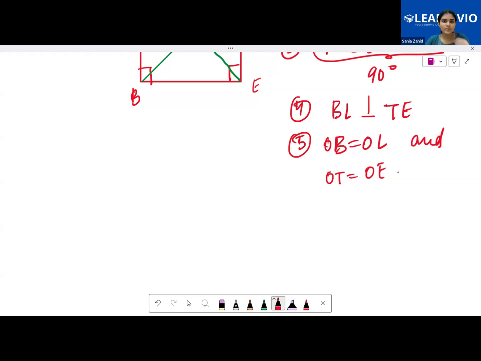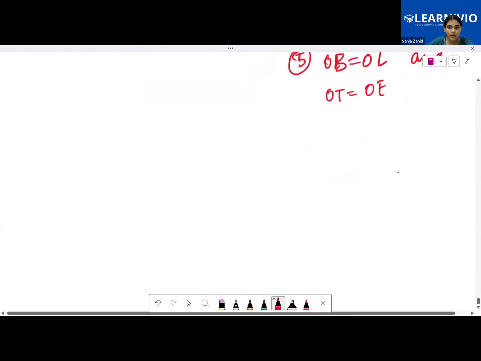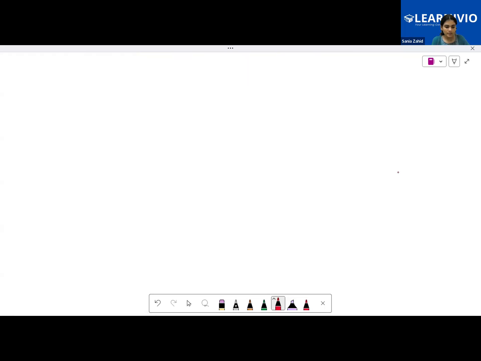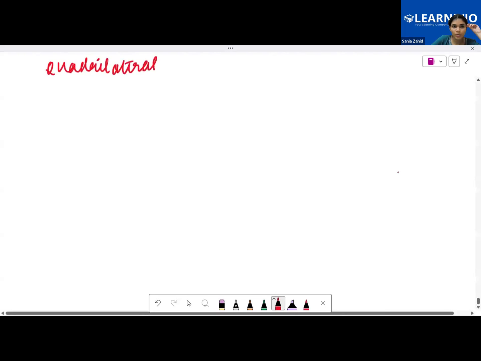Okay, let's do one thing. Before coming to questions, for this section, you have very basic questions, right? So I'll just draw a table for you in a simpler format. I will write the name of the quadrilateral over here, then I will write the property over here.